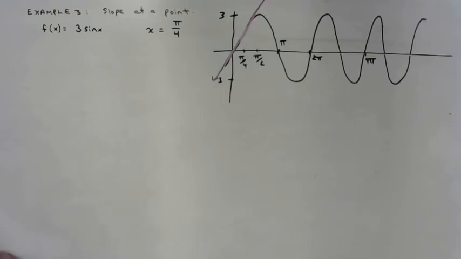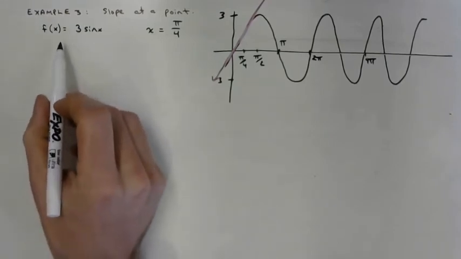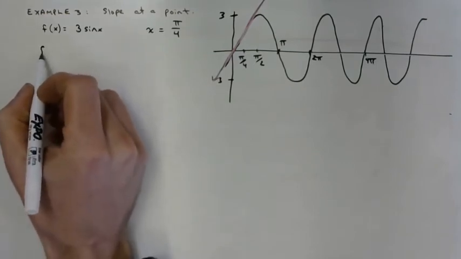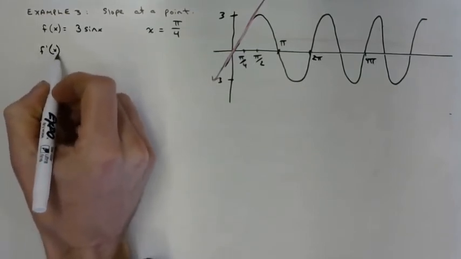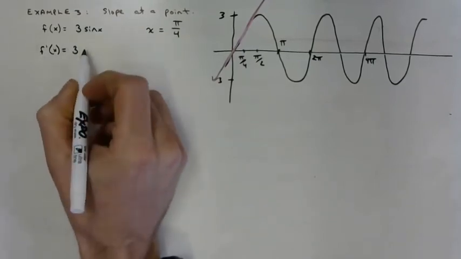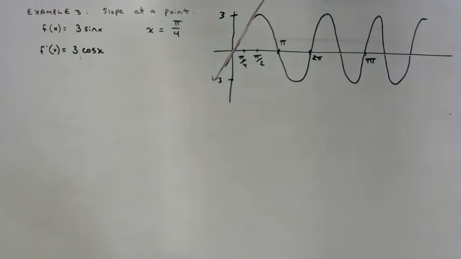So what we need to do first then is differentiate the function with respect to x. So f prime of x is 3 times the cosine of x.